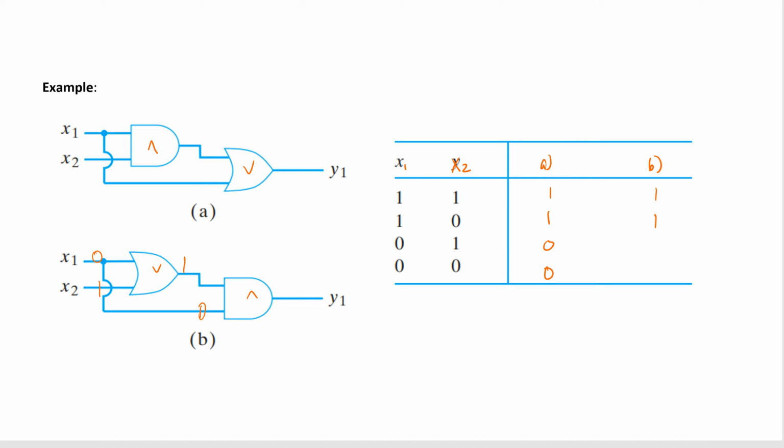And then this is 0. So 1 and 0 is 0. 0, 0, 0 or 0 is 0, 0 and 0 is 0. Oh, they're also the same. Then we say those combinatorial circuits are equivalent. So far, so good, everybody.